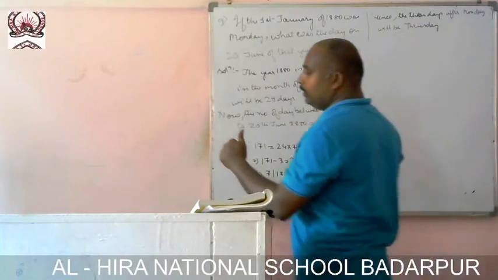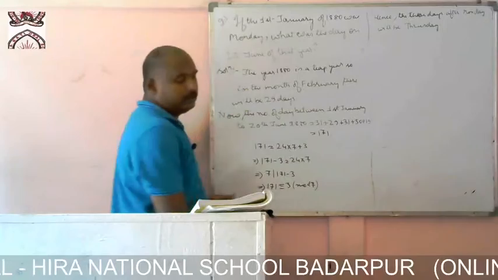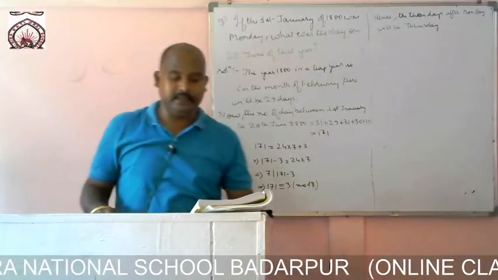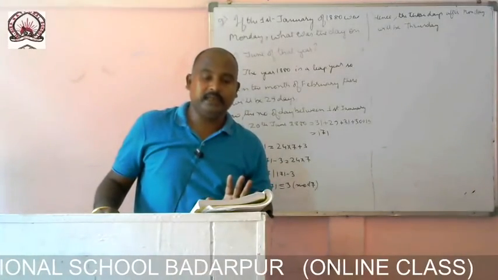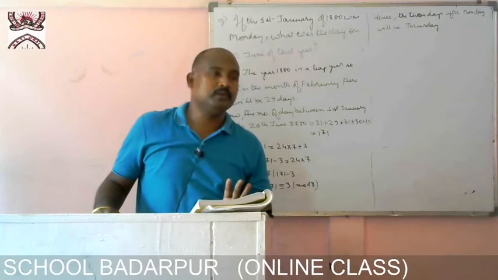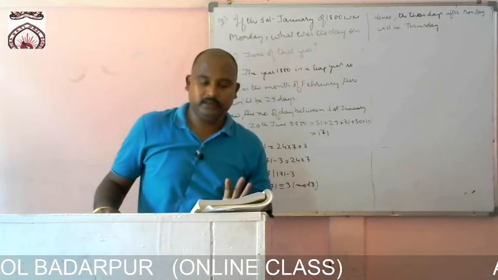The 3 days after Monday will be the Thursday. So we can say that on 20th June 1880 it was Thursday.